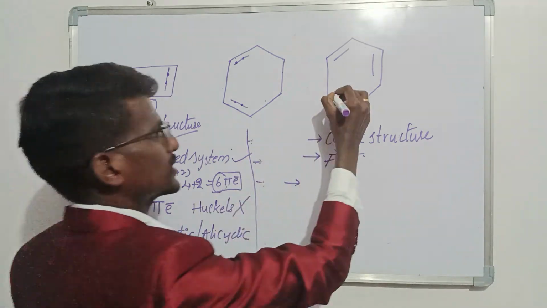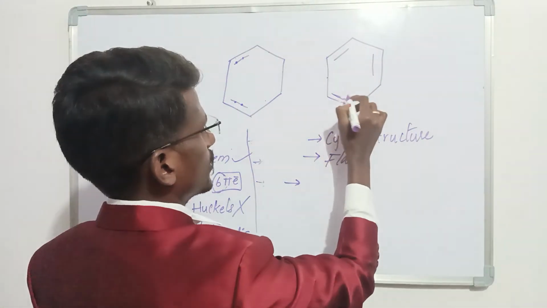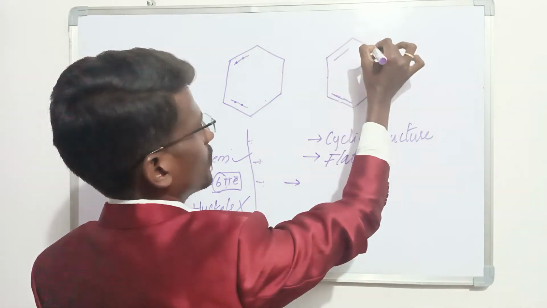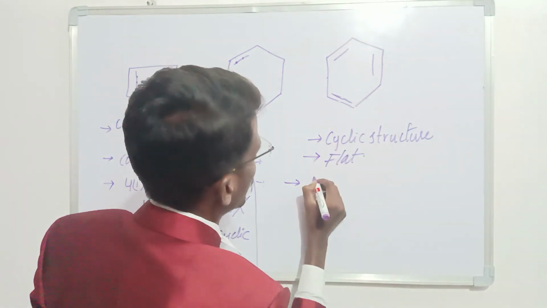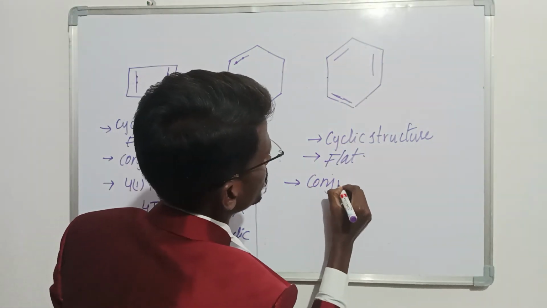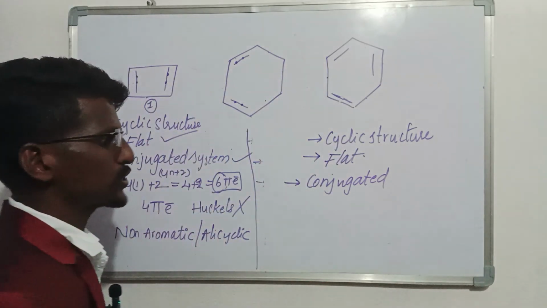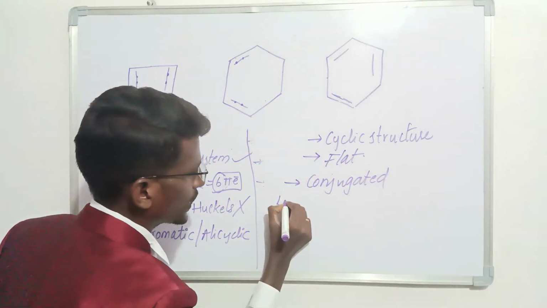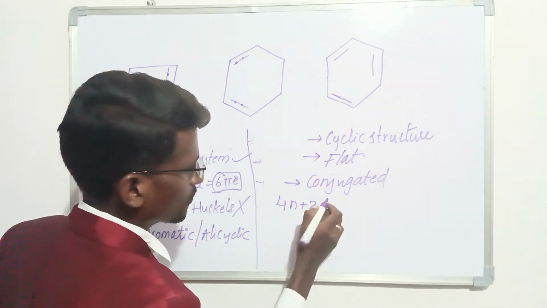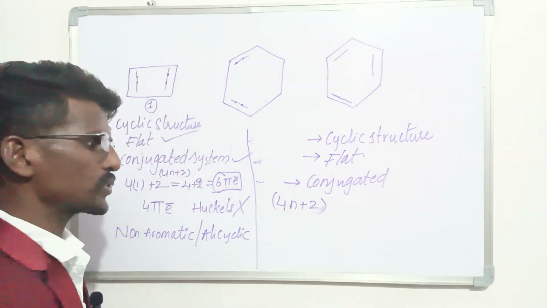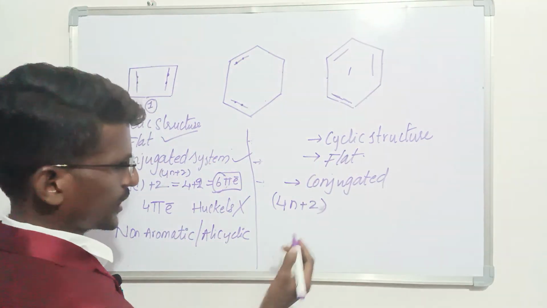Conjugated system means double bond, single bond, double bond, single bond, double bond, single bond, double bond, single bond. So it satisfies the conjugated system. And the 4n plus 2 rule: how many rings are there? Only one ring is there.